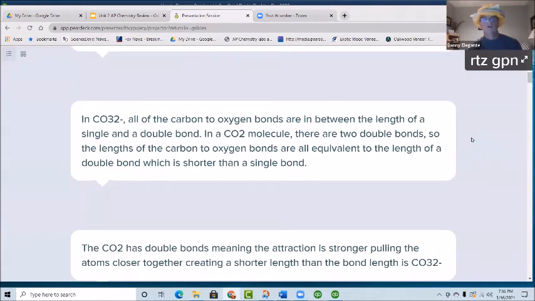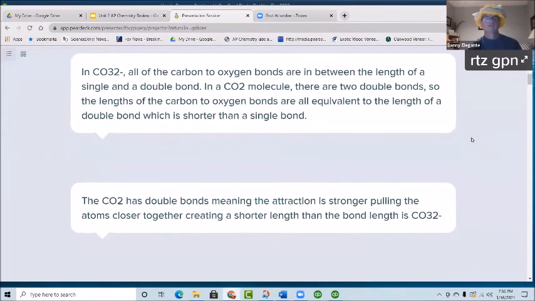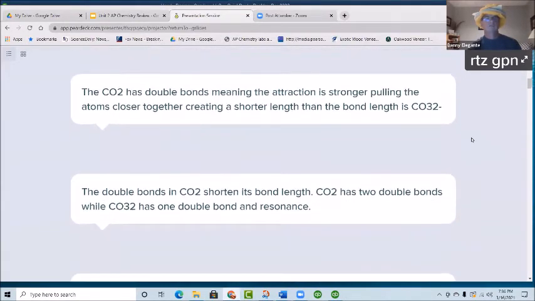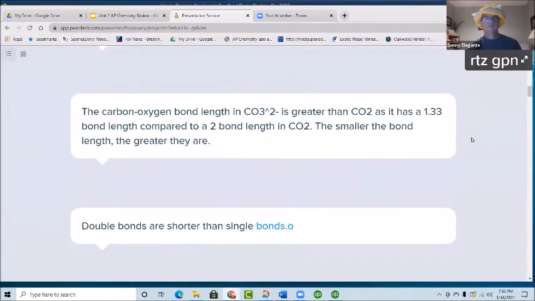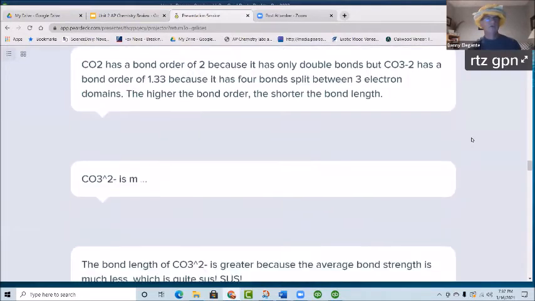In carbonate, all the carbon-oxygen bonds are in between the length of a single and a double bond. In CO2, there are 2 double bonds. So, okay, I get that. Scroll down to the bottom edge. I'm seeing lots of bond orders.